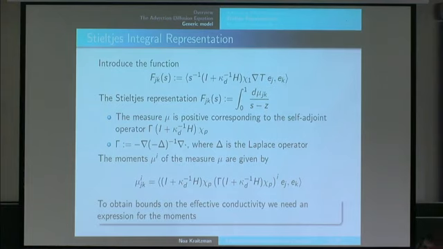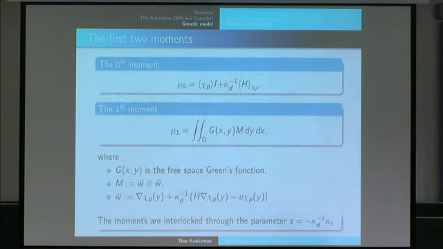It turns out to be a little bit more complicated than just obtaining bounds, but we did derive the first two moments. So the zeroth moment is actually the sum of the volume fraction of the pore space and the average flow inside the pore space.